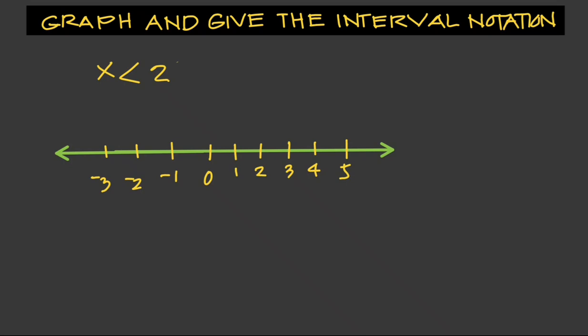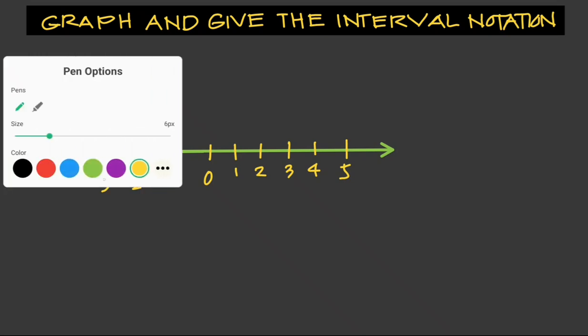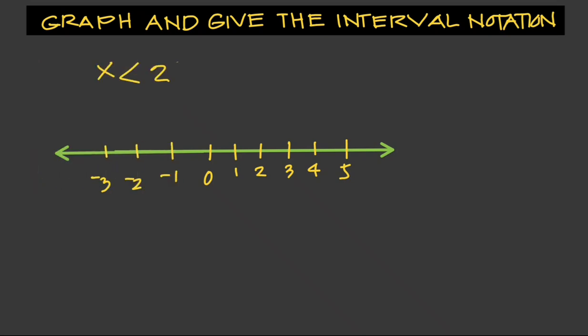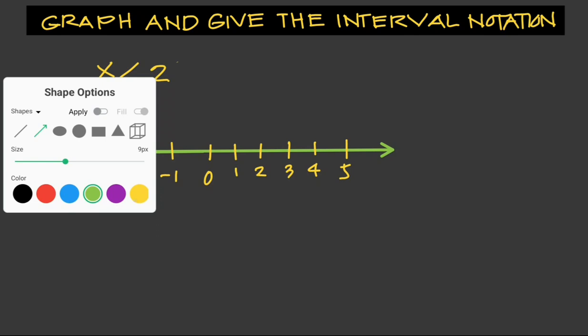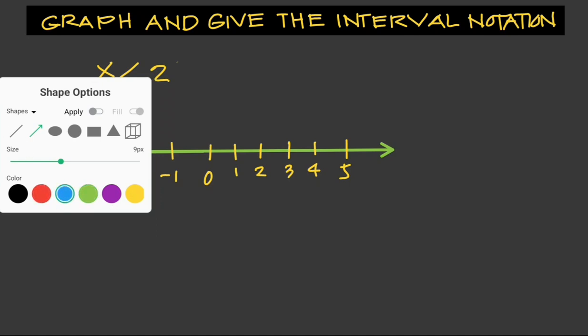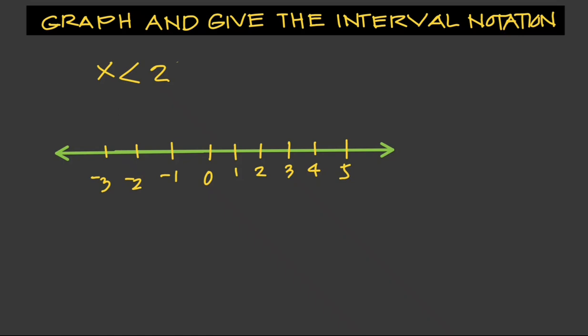The given problem here is x less than 2. That means all of the numbers less than 2. It doesn't have an equal sign, so that means 2 is open. So we can graph this as this one. Let's use another color, say, blue.